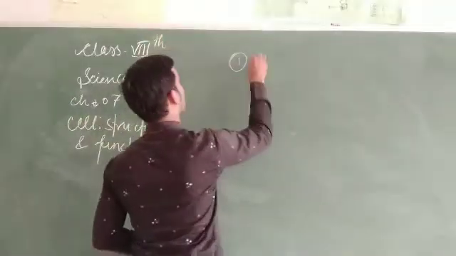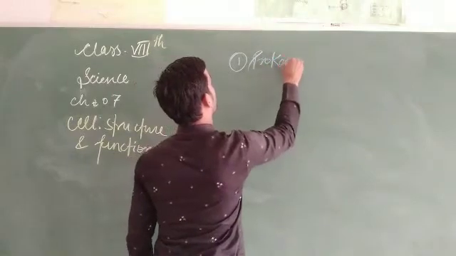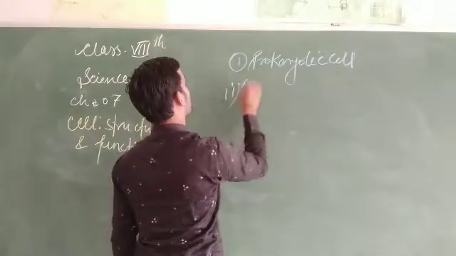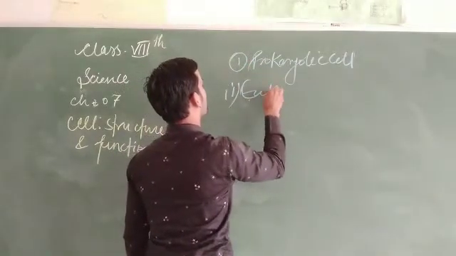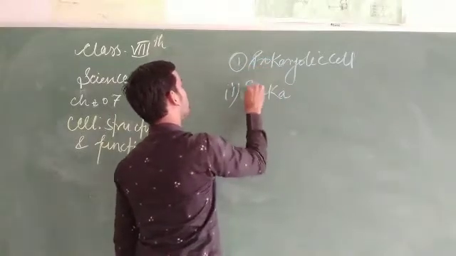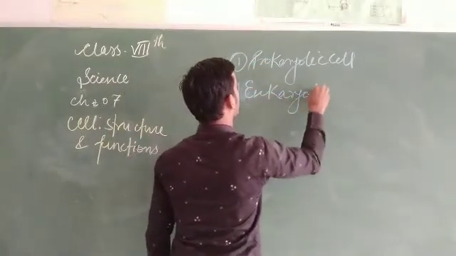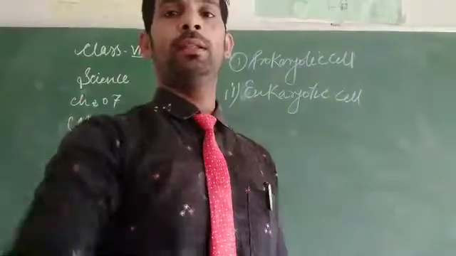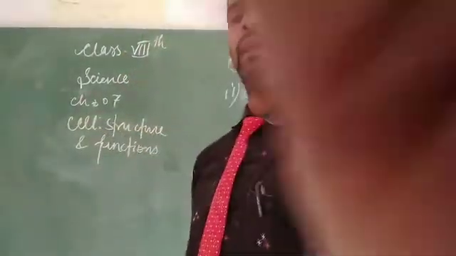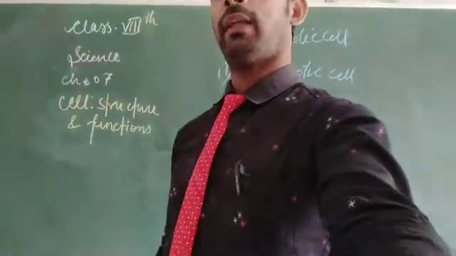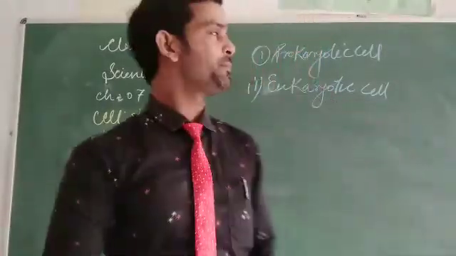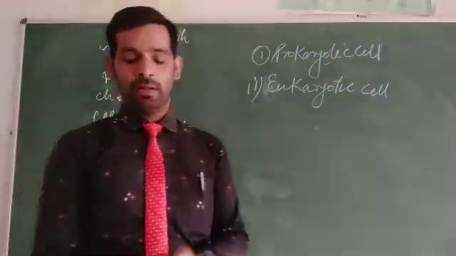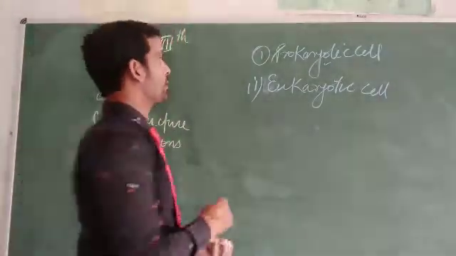The first one is the prokaryotic cell, and the next one is the eukaryotic cell. Prokaryotic cells can be found only in certain organisms.